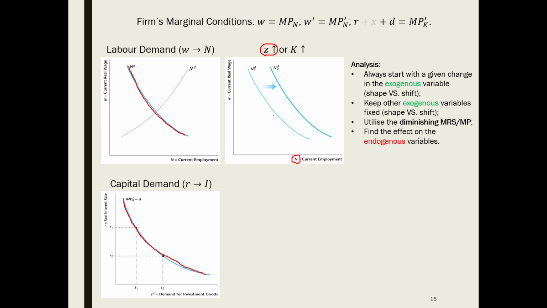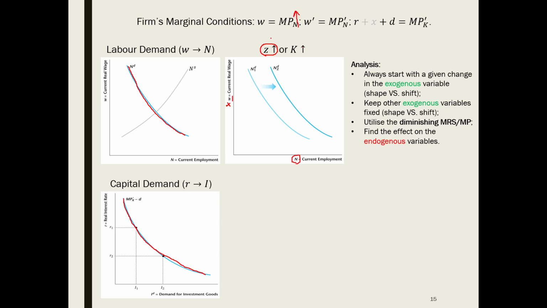Step 2. We are talking about the shift of the curve, because these variables are not axis variables. Step 3. Start with the rise in Z, keeping all the other exogenous variables such as wage and capital stock unchanged. It results in a higher marginal product of labor on the right-hand side of the intratemporal condition.